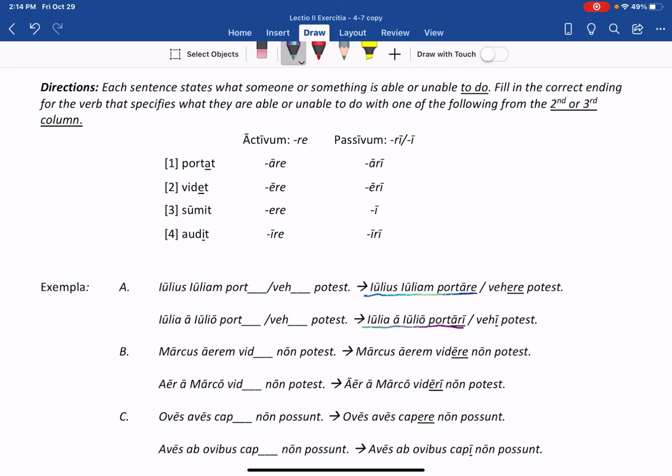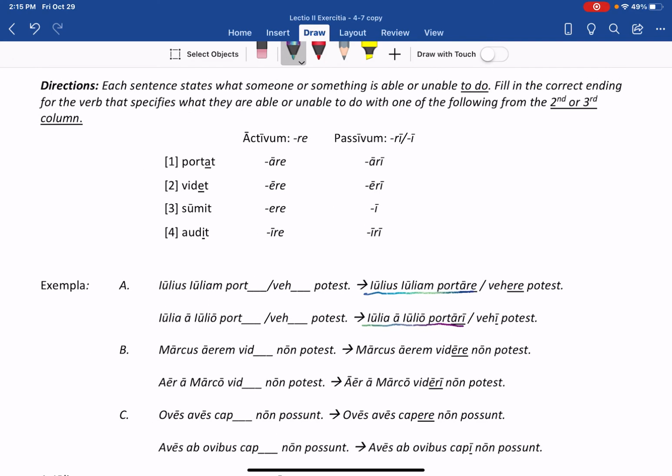In the first instance, Julius is able to carry Julia. And then in the second sentence, Julia is able to be carried, portari, by Julio. So that's the difference between active and passive infinitives.